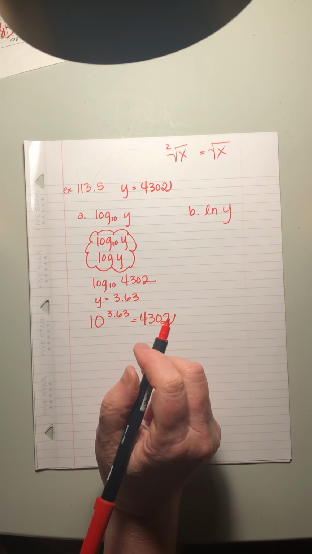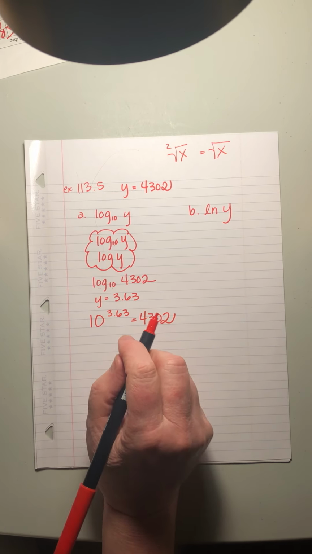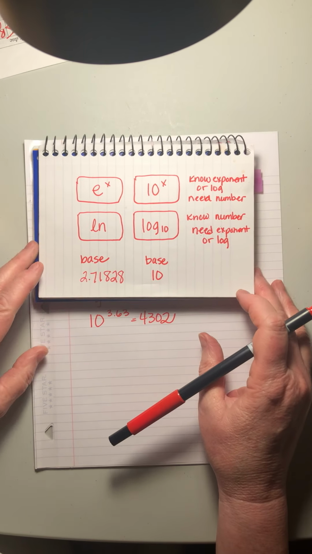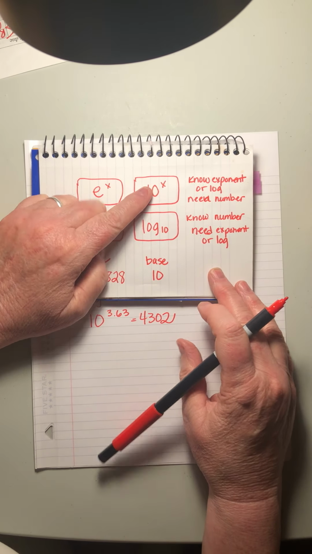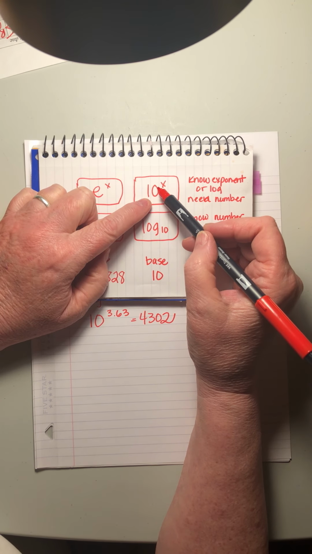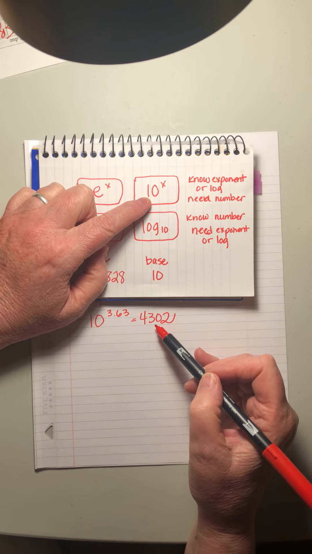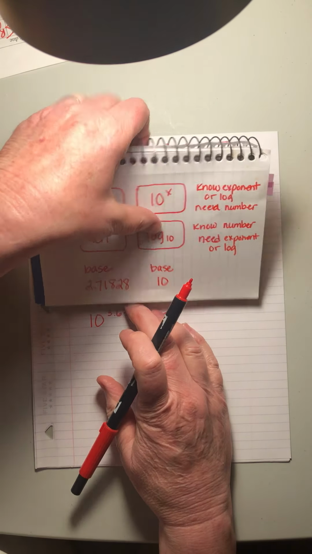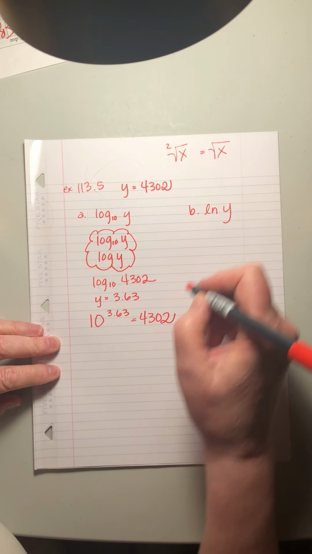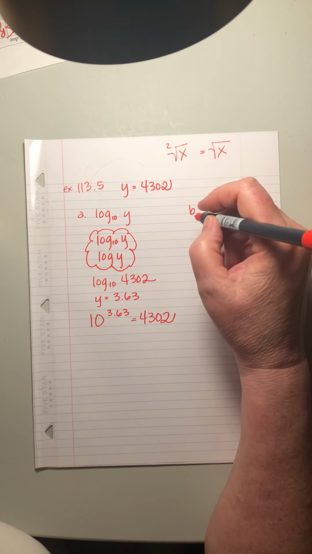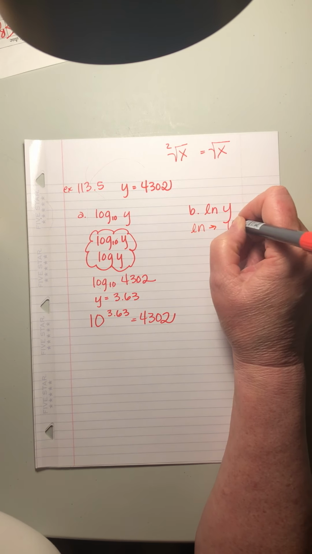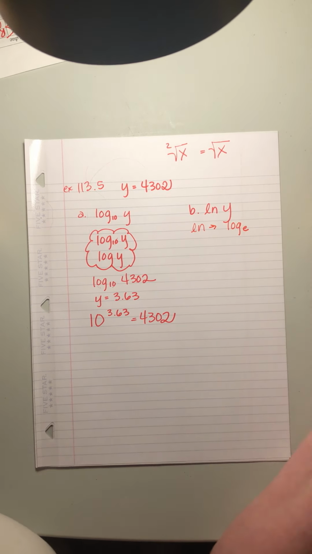And if we really want to be thorough, we can use this button to double check it, right? We can put in 3.63 and then hit this button and we should get this number back. Oh, cool, right? Now, I don't think I explained this before, which is sad, but ln is another way of writing the log of e.